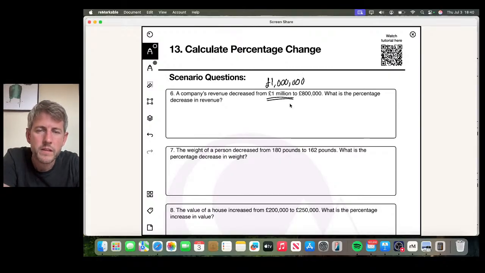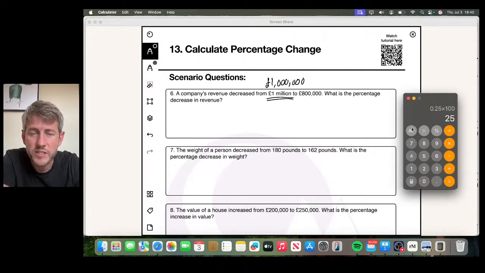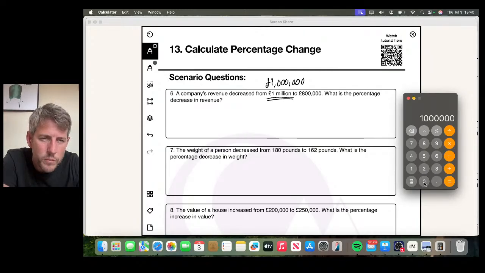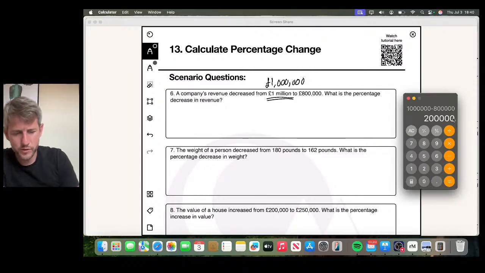So this is going to be a £200,000 decrease, but we can work it out. That's 1 million take away 800,000, and there we go, that equals 200,000.